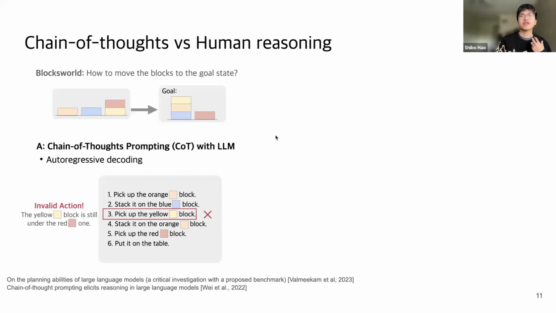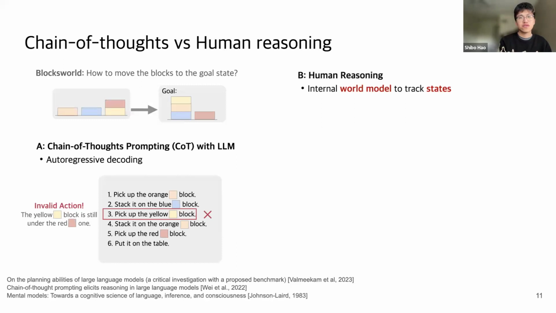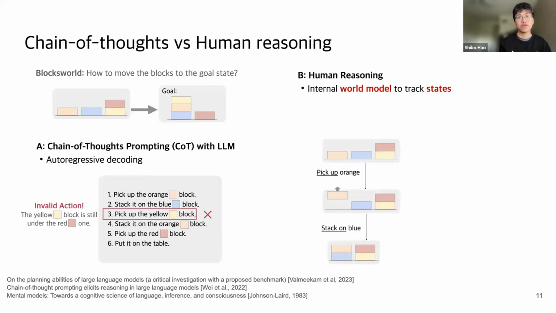So the language model needs to implicitly track the current world state, which is very challenging. Then maybe we can think of how humans avoid this. Humans possess an internal world model, which can simulate actions and effects in the world, according to conclusions from psychology and neuroscience research. So in this example, what does a world model do?